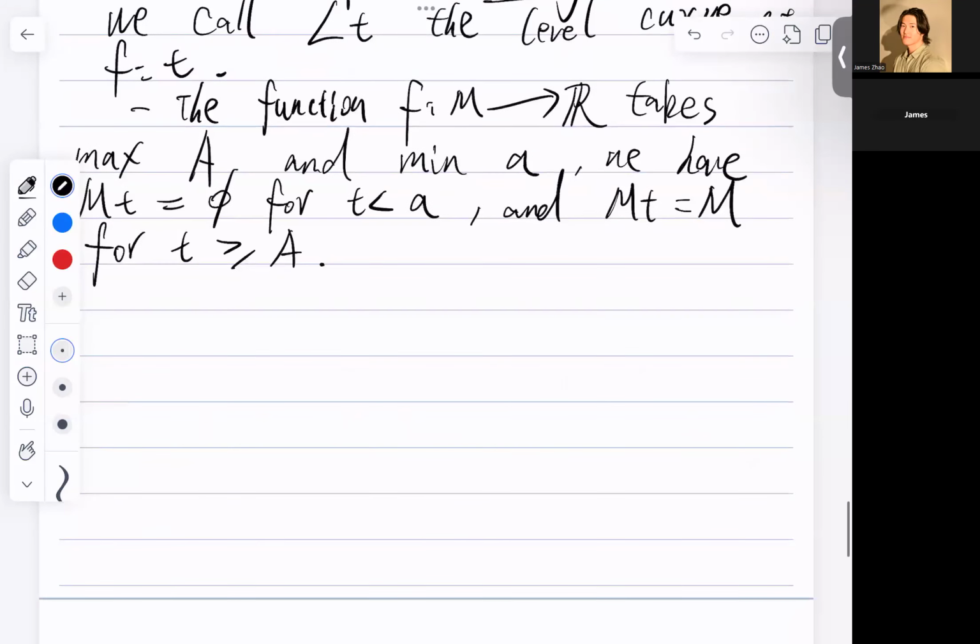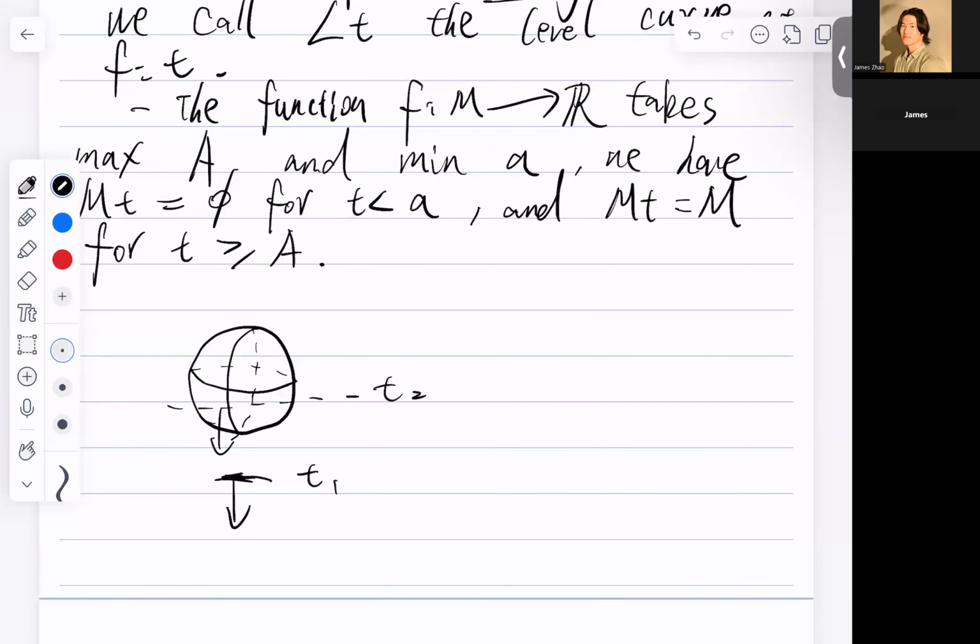Right? So if you have a set, let's just draw a sphere real quick because I love spheres. If you are looking at something below this part when we take t, we have an empty set because there's nothing that we're including. And if we're looking over here, this is our, let's say, T1, this is T2. If we take a slice here, what do we have?